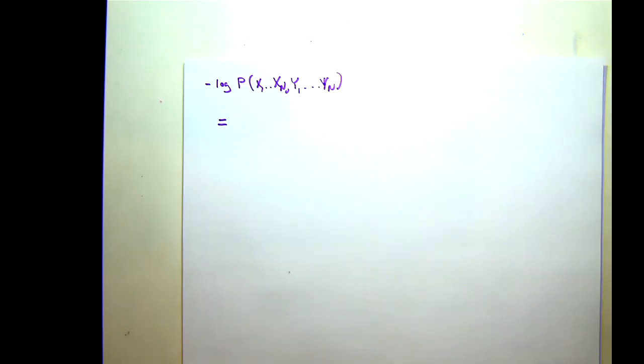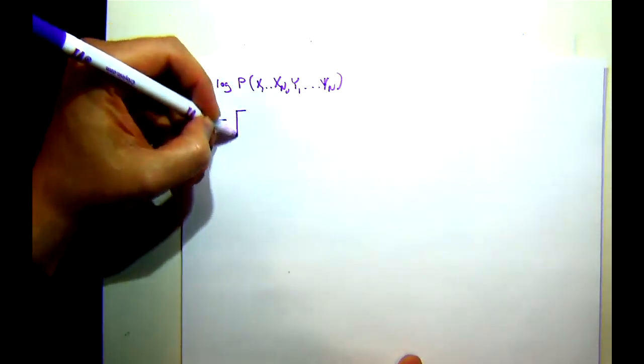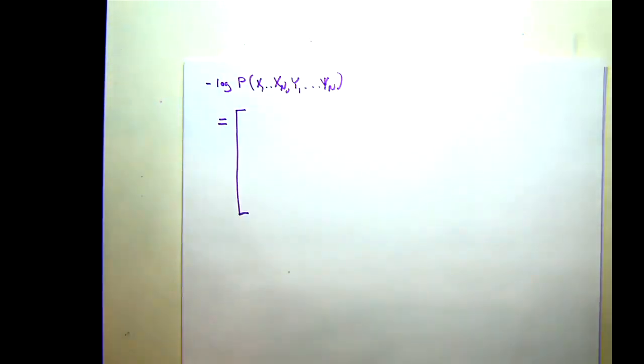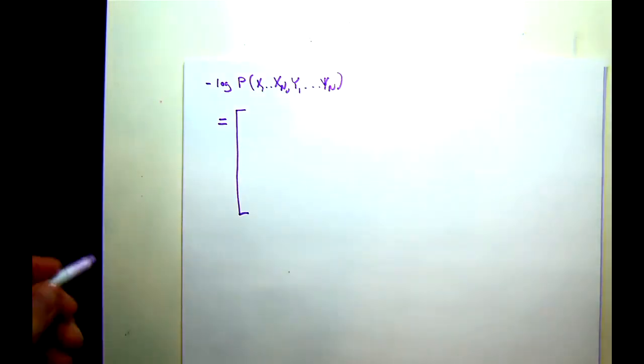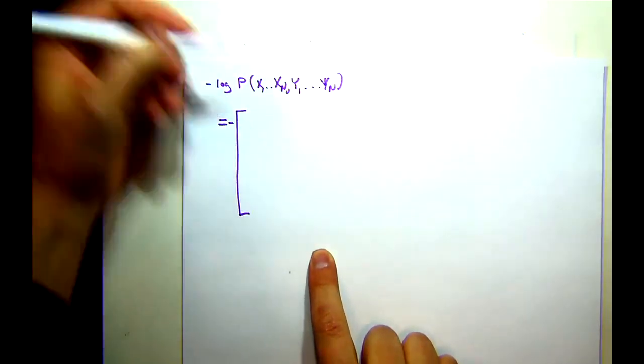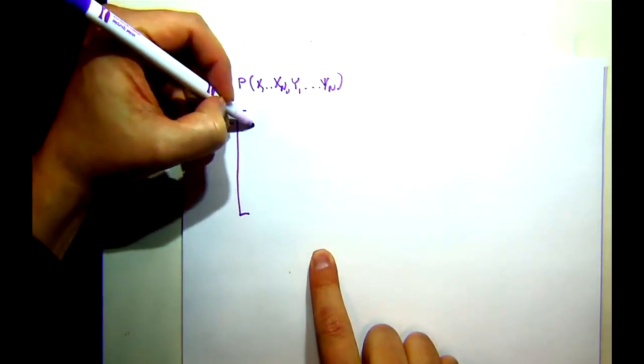And given one step back in time, the probability of an x is independent of everything else. So we can rewrite this. Because we're taking the log, we change the product to a sum, and there's a negative in front of this whole thing.